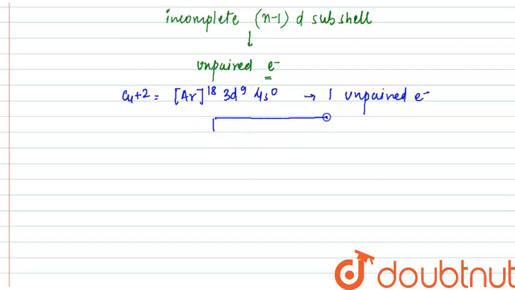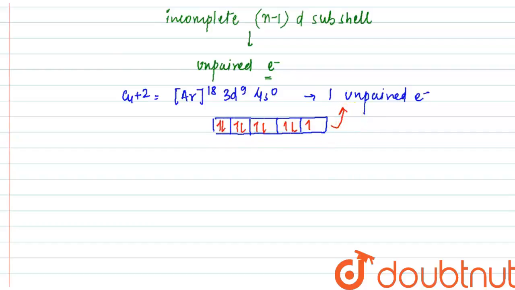If you make an electron diagram and fill all the electrons in the d orbitals, we'll have 1, 2, 3, 4, 5. So a total of 9 we have to fill, so 5 with similar spin and 1, 2, 3 and 4 with different spin. So a total of 9 we have, and 1 electron is left, which is unpaired here.